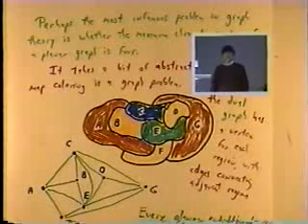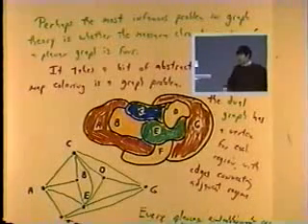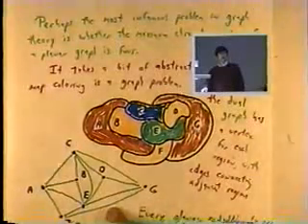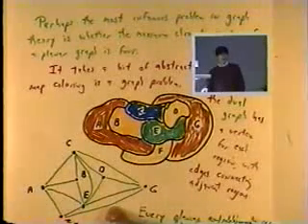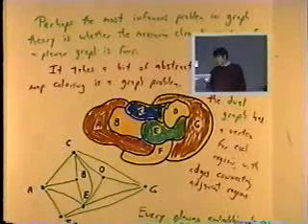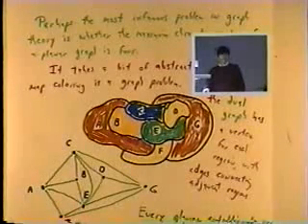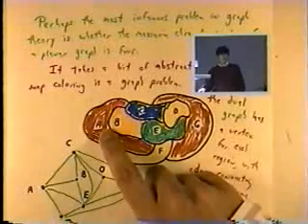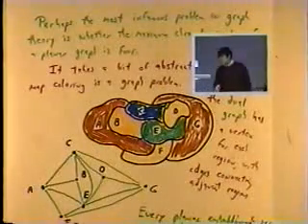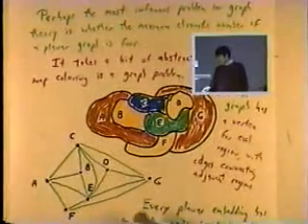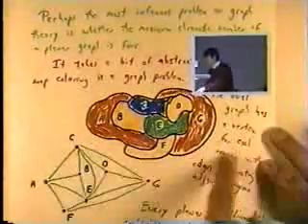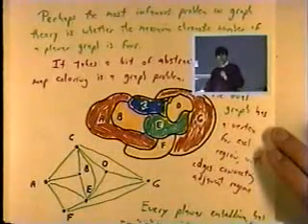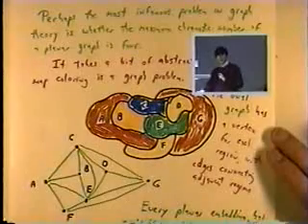Now, it takes a little bit of work to go from the problem of coloring maps to coloring graphs. Because if you remember, what we were coloring in graphs was vertices. Here we're coloring regions. The difference is that we can show you can reduce the problem of coloring regions to coloring vertices of a planar graph as follows.